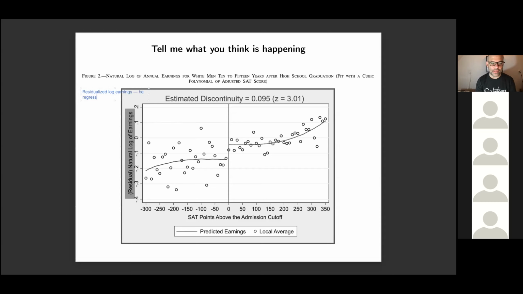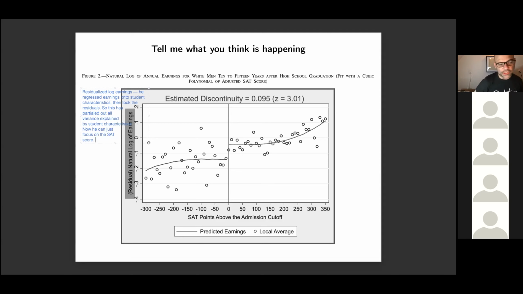He regressed earnings onto student characteristics, then took the residuals. So this has partialed out all variance explained by student characteristics. Now he can just focus on the SAT score.